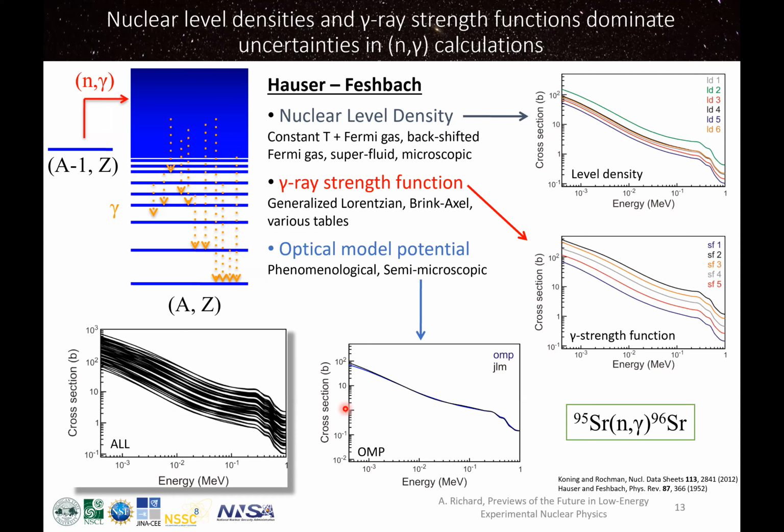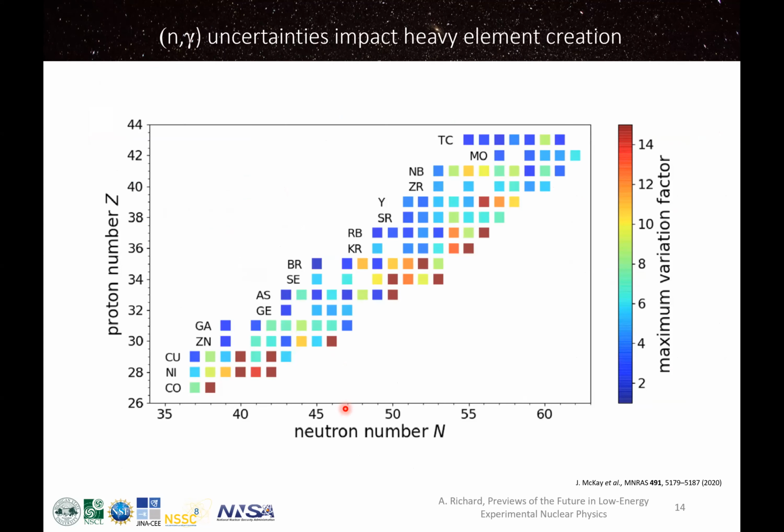And exactly this type of calculation that I've shown you is what goes into astrophysical sensitivity studies like this one, which is for the i process. So this is showing, again, our proton number versus neutron number for isotopes from cobalt up to technetium.